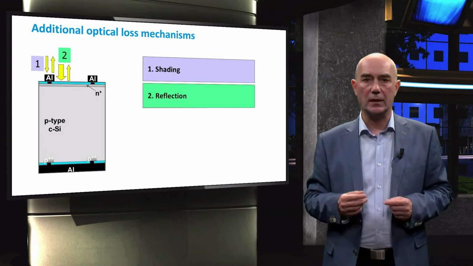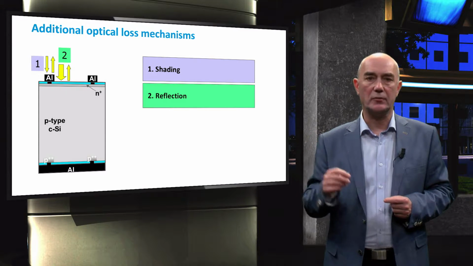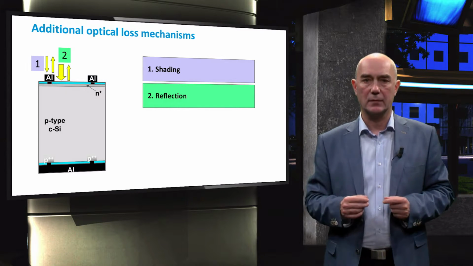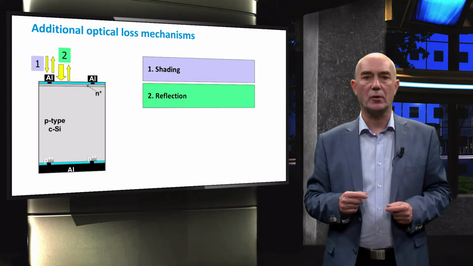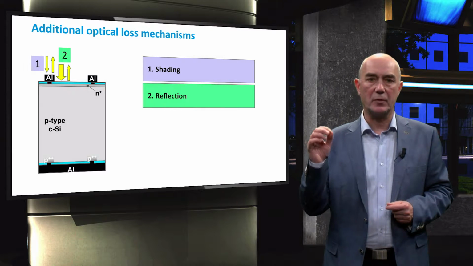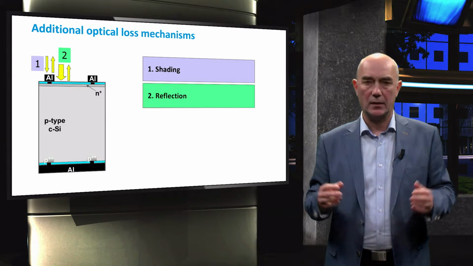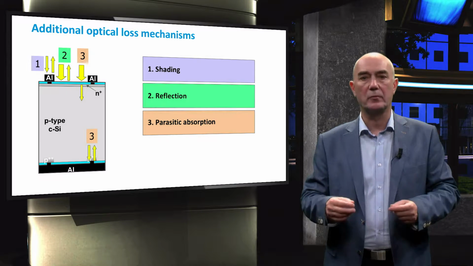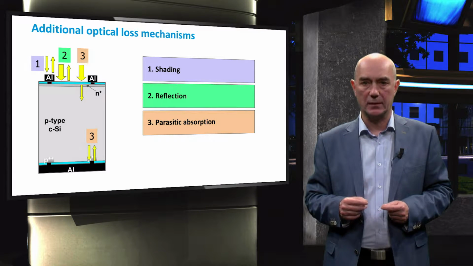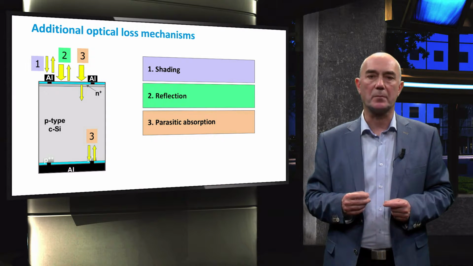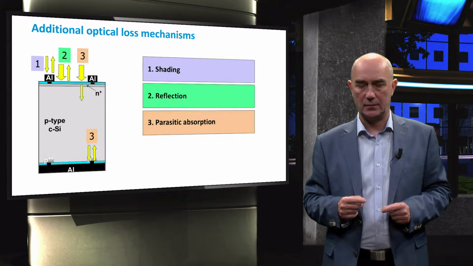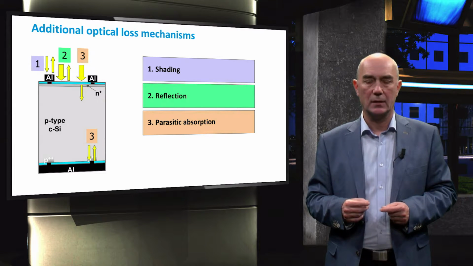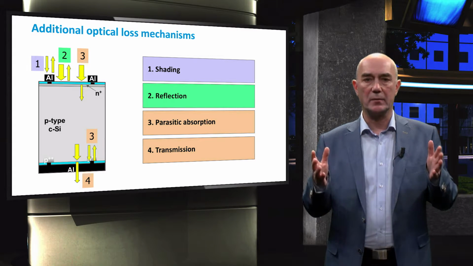The active area, where light can penetrate into the solar cell, is reduced due to this shading. The second optical loss results from front-side reflection. Third, not all the light that enters the solar cell will be absorbed in the absorber layer, because part of it is absorbed by supporting layers. This is called parasitic absorption. Lastly, there are transmission losses.